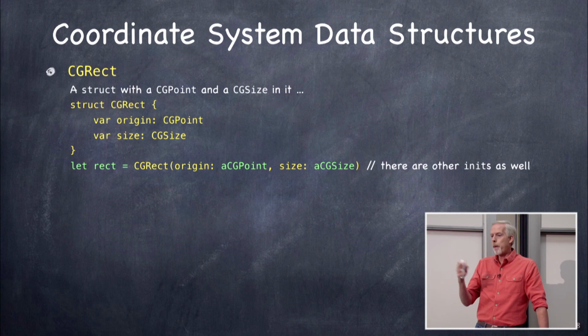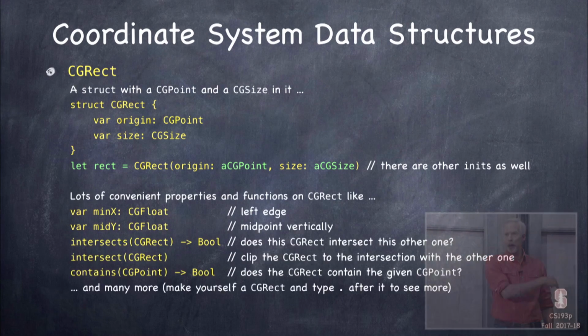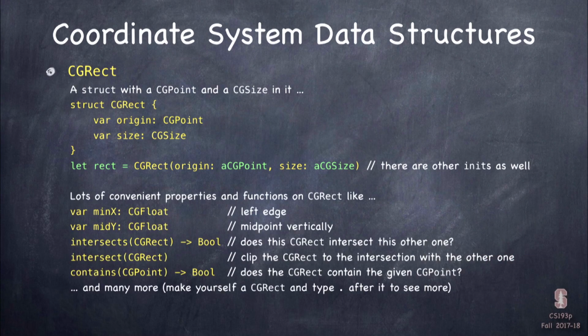It has a number of initializers, including initializing by origin and size, also an initializer that takes x, y, width, height, etc. And it also has a whole slew of other vars and functions for manipulating rects, like vars like min-x, which gives you the minimum x value of your rectangle, or intersects, which takes another rect and returns a bool whether the 2 rectangles intersect. There's also intersect, which returns a new rect, which is the intersection of 2 overlapping rectangles.